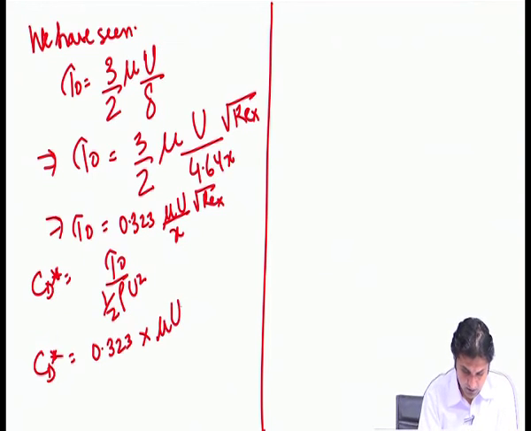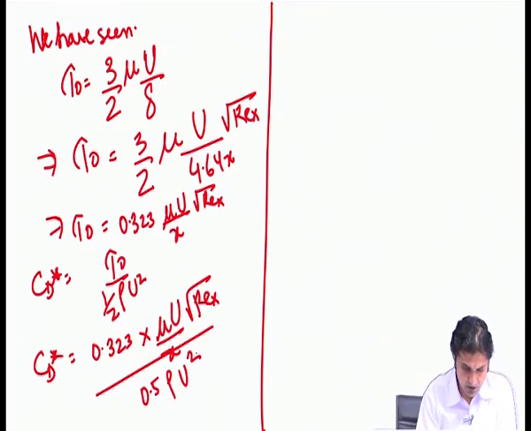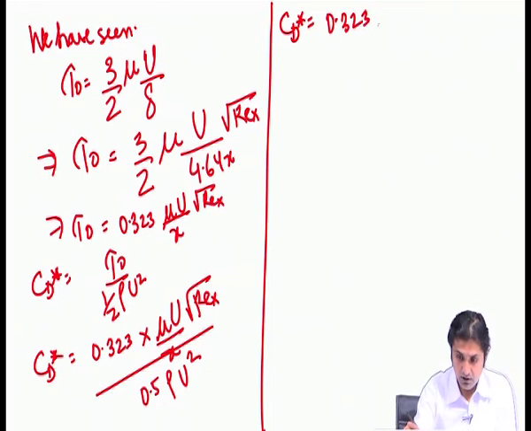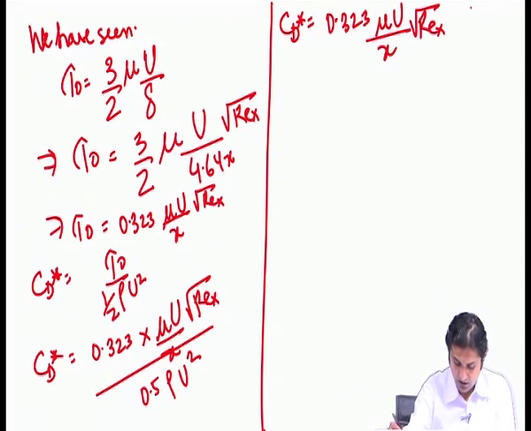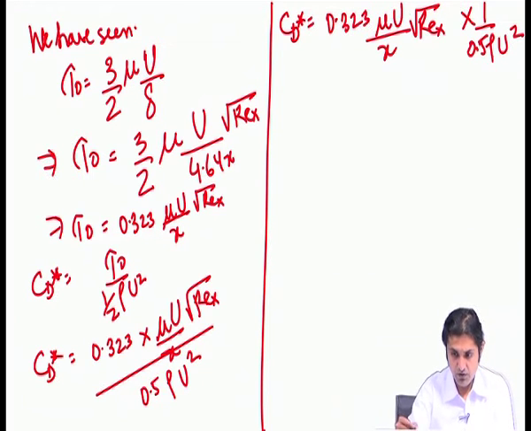So mu capital U by x under root Re x divided by 0.5 rho capital U square, or C_D star is equal to 0.323 capital U by x under root Re x into 0.5 rho U square. You can cut U and U here.